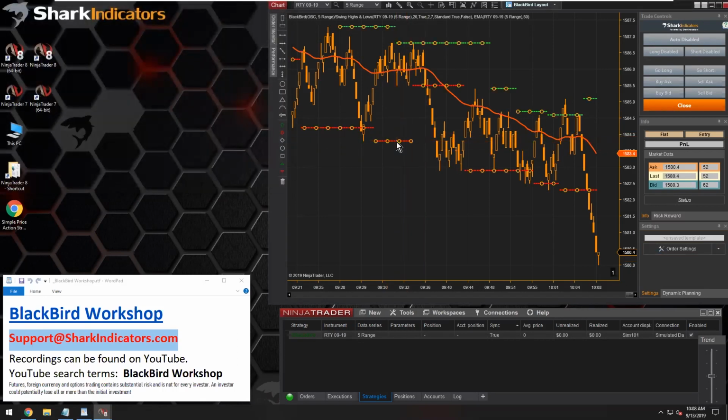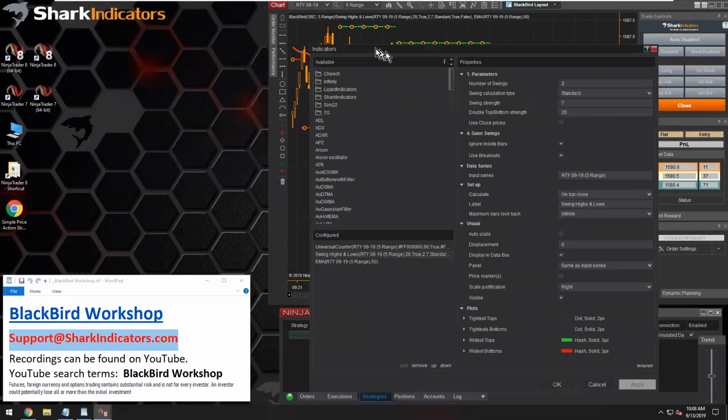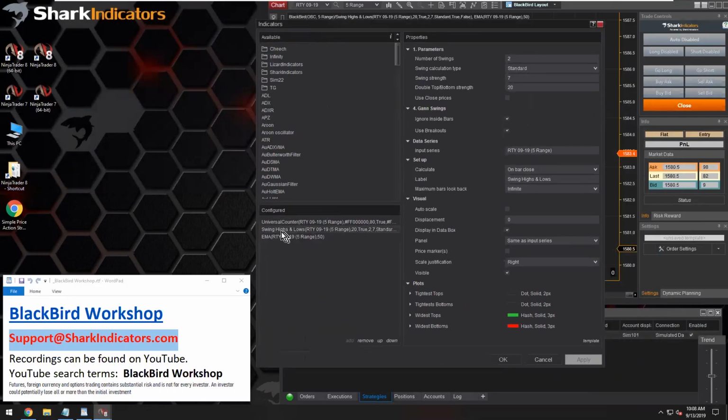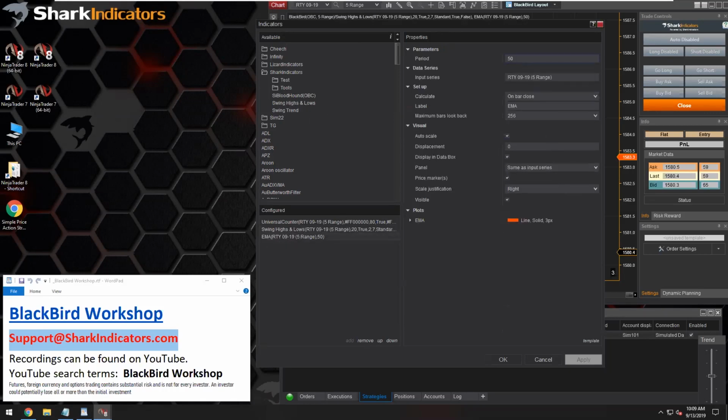Let's just pull this up real quick. From my indicator list, I have the swings highs lows indicator here. That's included with the Shark indicators installer. You get these couple of indicators here, and then I also have an EMA50 on my chart, like so.